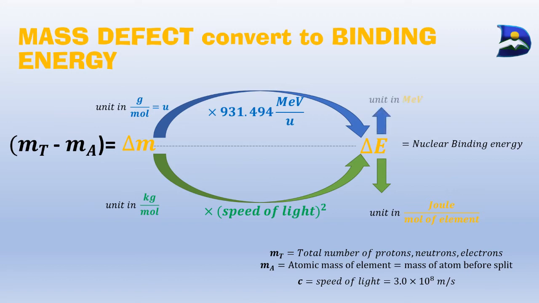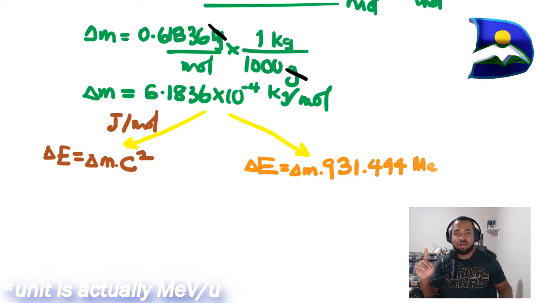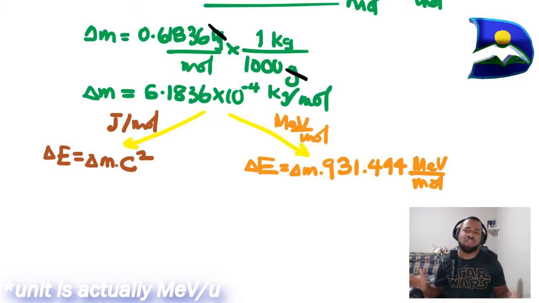Don't forget this number, 31.494 mega electron volts per mole. So this is the other pathway that leads to mega electron volts per mole. And you got to see some of the conveniences and the setbacks of both of them so that you can have an idea of what we are actually dealing with in this particular example.